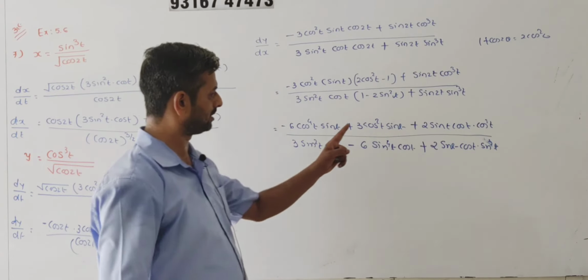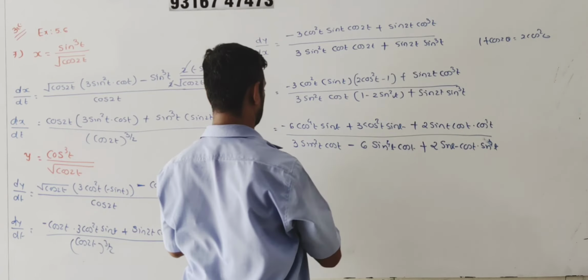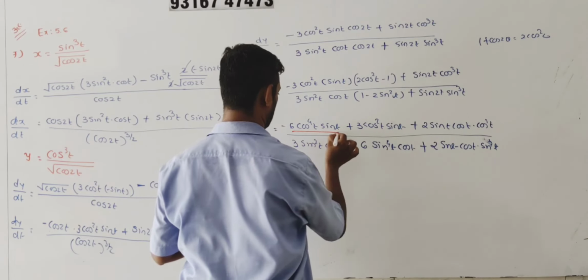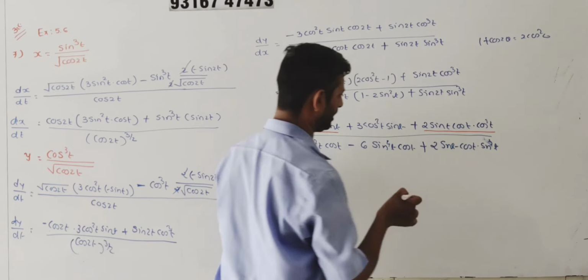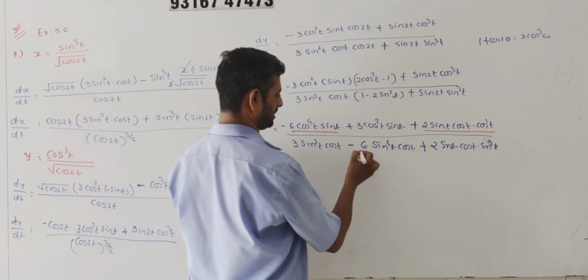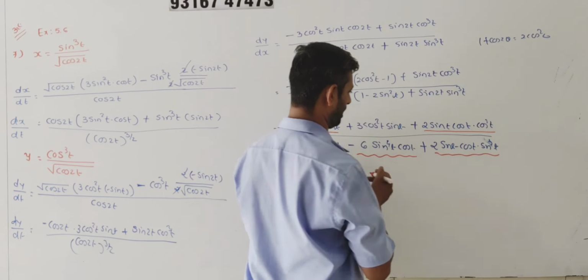Now you can understand this cos raised to 4 t sin t. This is also cos raised to 4 t into sin t. This is sin raised to 4 t and this is sin raised to 4 t cos t.